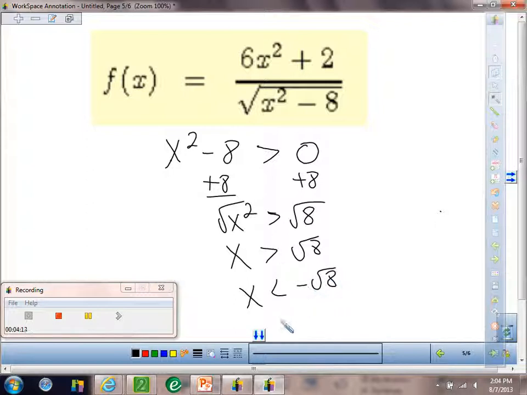Okay, and you could test numbers. So if I put 0 in here, which would be between the square root of 8 and negative square root of 8, I would end up with negative 8 underneath, which we cannot have underneath a square root.